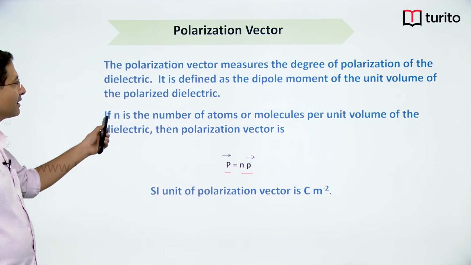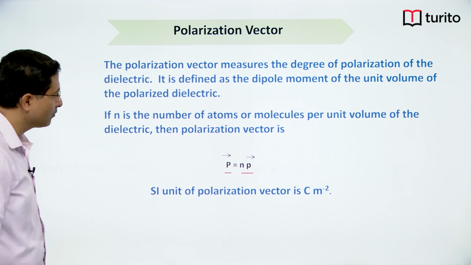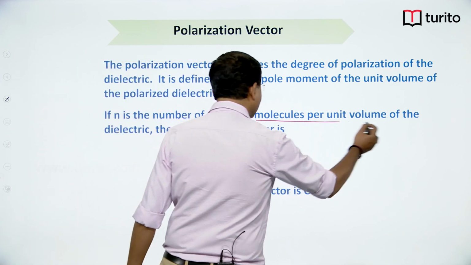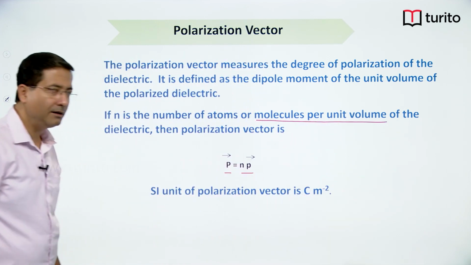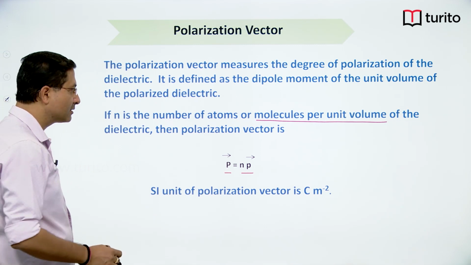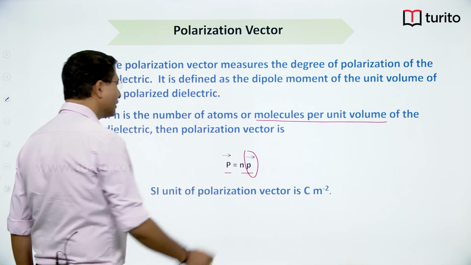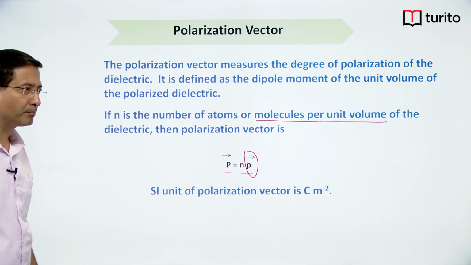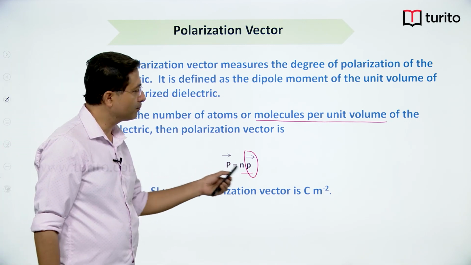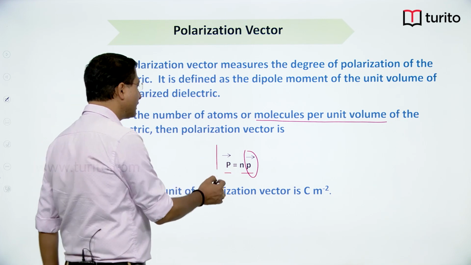So, if n is the number of atoms or molecules per unit volume and every atom or molecule gets dipole moment P, the net dipole moment per unit volume is n into P, right. This is the way we define the polarization vector.